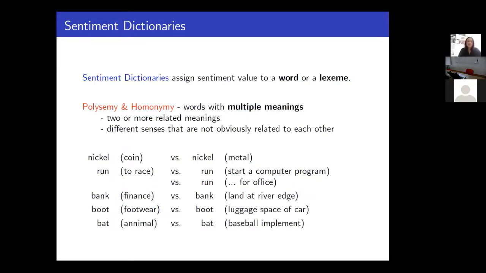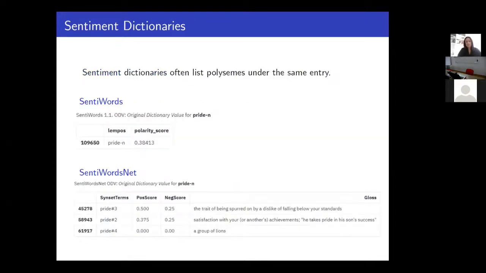So the meanings of a word may be different, and what the sentiment dictionaries often do is they just list a single entry for one word, just like other dictionaries, but some, of course, then list their syntactics and semantics. You can see that, for example, SentiWordNet is a sentiment dictionary that does differentiate between various entries of the same word.